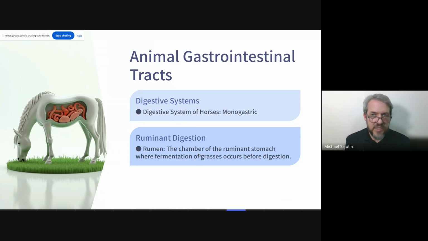Fermentation is basically a process of breaking down by enzymes and so on, but it's performed by bacteria and microbes that live inside of the rumen. And it's a slow process, so it has to bring it up again and ruminate over and over again before it can actually digest the food. So all of this fermentation and rumination process actually happens before any chemical digestion occurs.